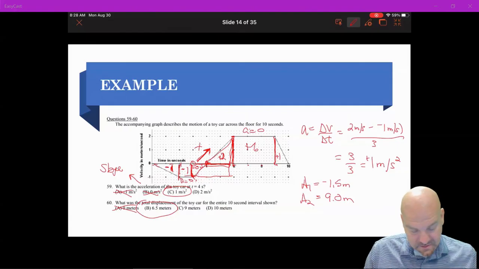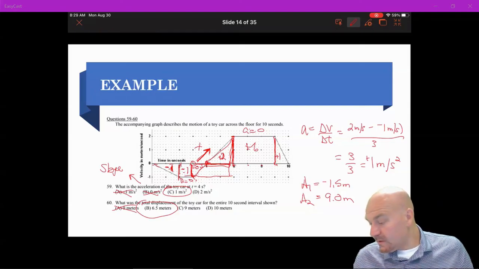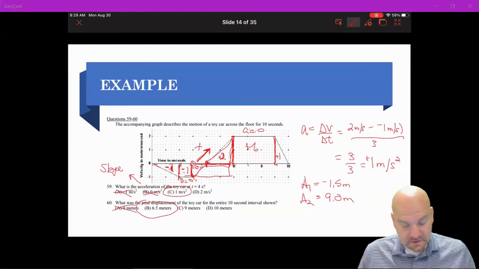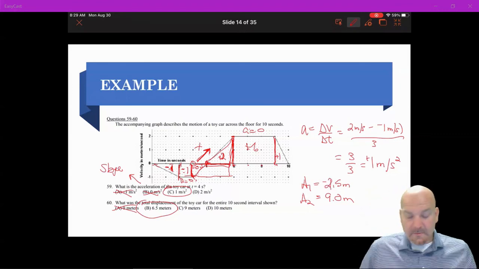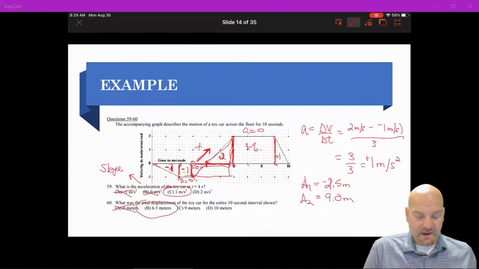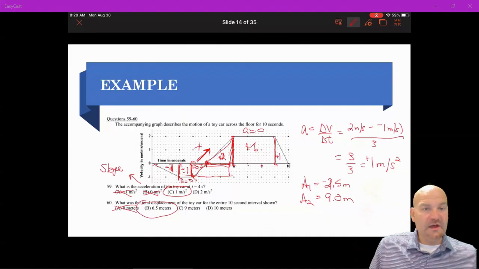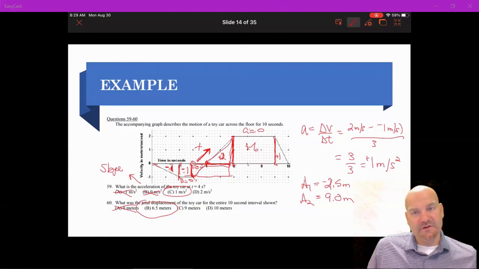So there must be a mistake, it's -2. Oh, silly Mr. Londa. That should be -2.5, not -1.5. Okay, so that is how we interpret a velocity versus time graph.